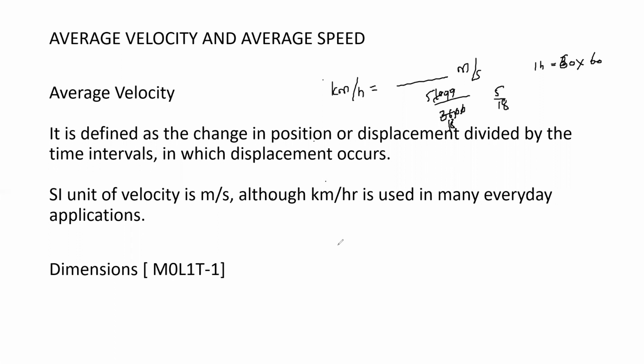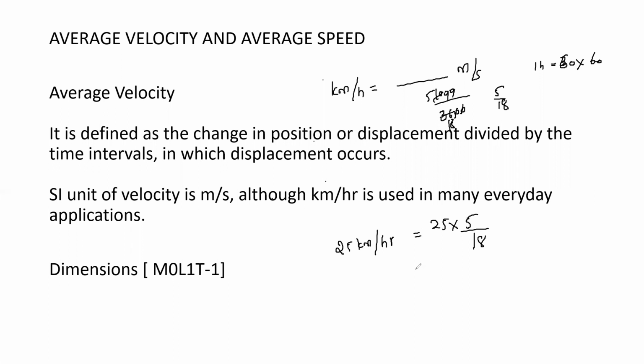Suppose in the question it is given like 25 kilometer per hour. Convert it in terms of meter per second. That is 25 into 5 by 18. This is called the conversion factor of kilometer per hour to meter per second. Is it clear? Okay.